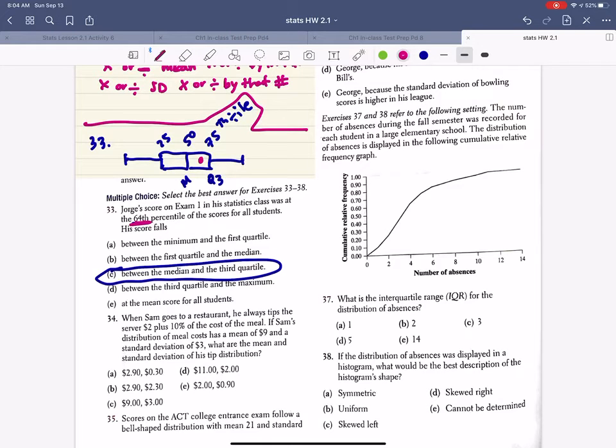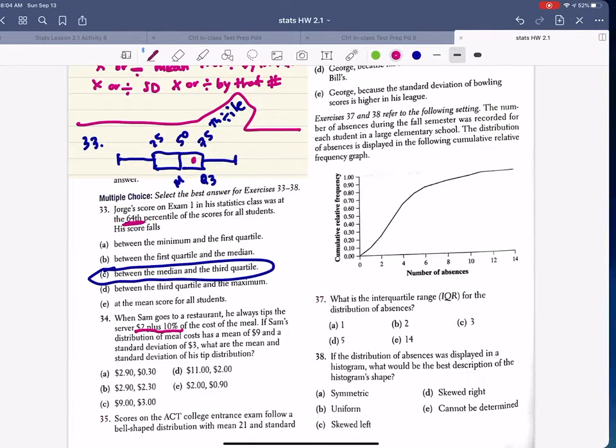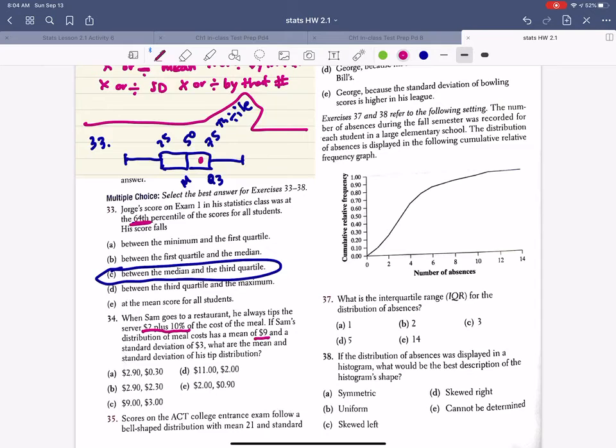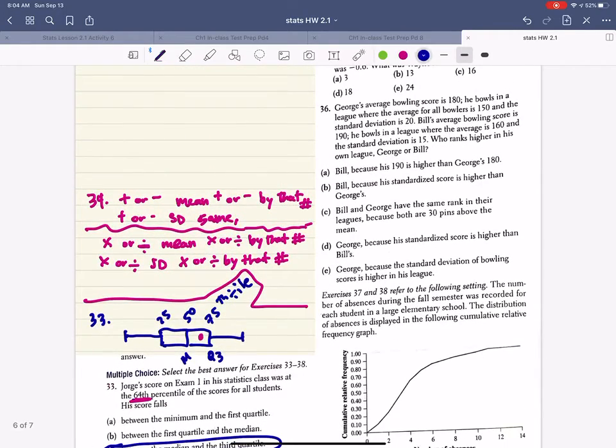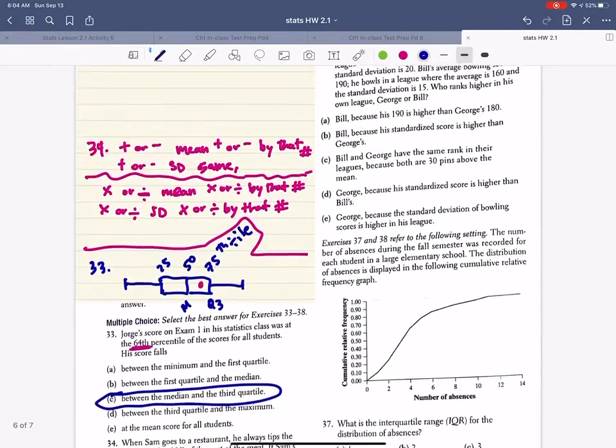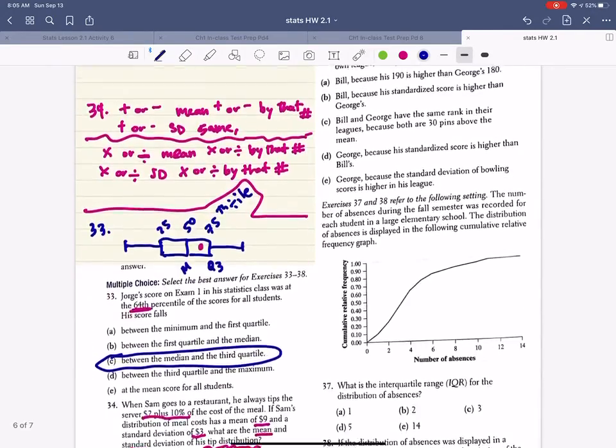It says when Sam goes to a restaurant, the server, he gives a tip, $2 plus 10% tip. If Sam's meal usually costs $9 with a standard deviation of 3, what is the mean and standard deviation of just the tip? So let's look at the mean, though. I think this might be important to understand the question. If I think about the mean, it is $9 plus or minus $3.